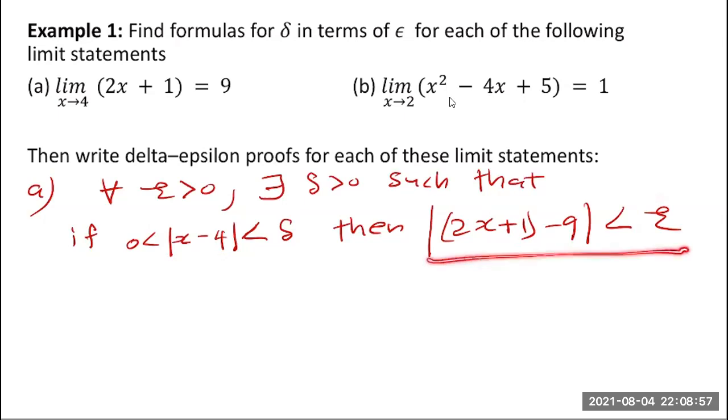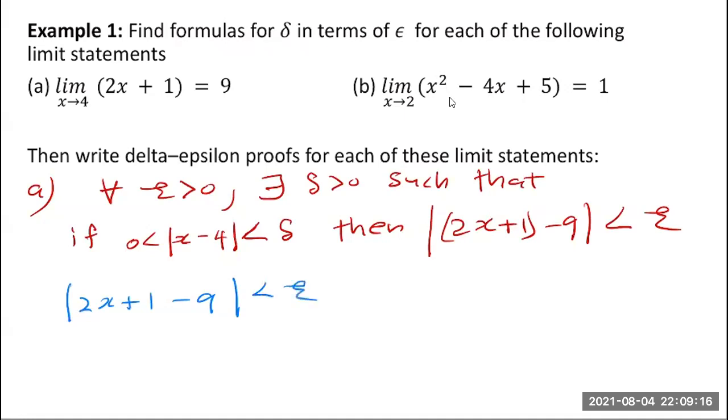This is what we want at the end of the day. Let me simplify that inequality. The absolute value of 2x plus 1 minus 9 I want to be less than epsilon. If you simplify the absolute value, you get 2x minus 8. Of course, you can write that as x minus 4.